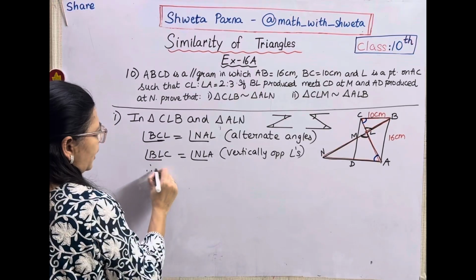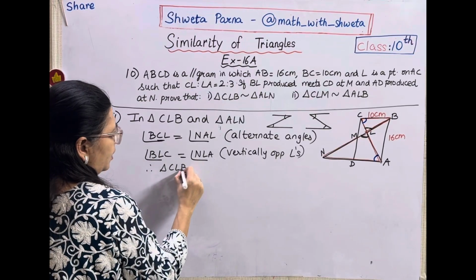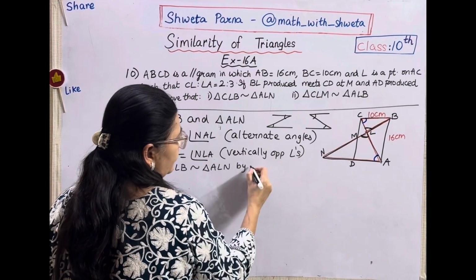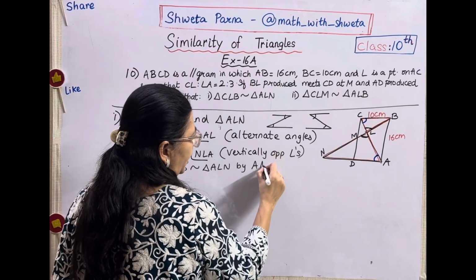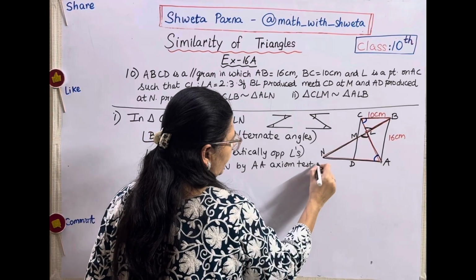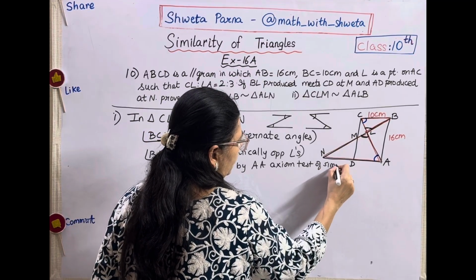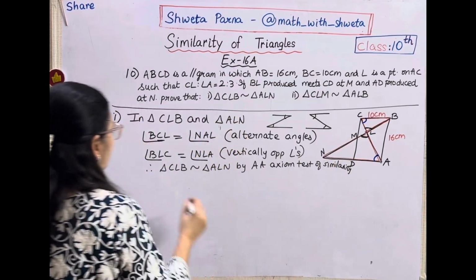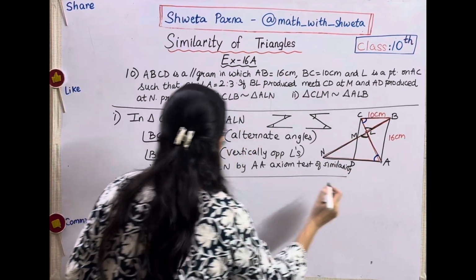So therefore triangle CLB is similar to triangle ALN by, tell me, two angles. So AA axiom test of similarity. Now this is for the first sub question. Now second part.